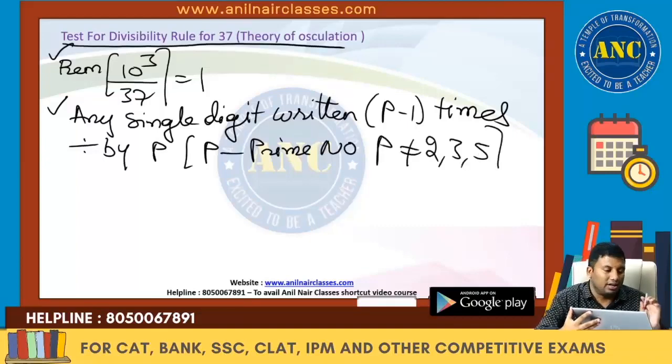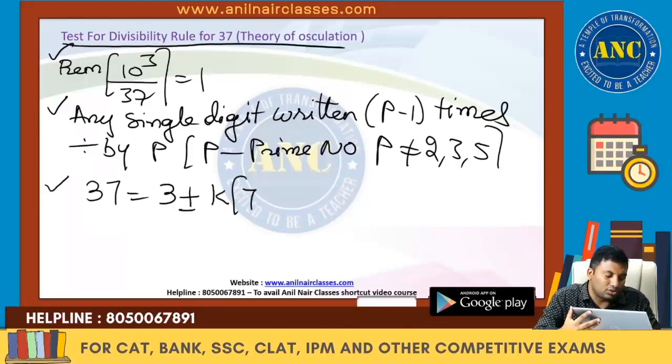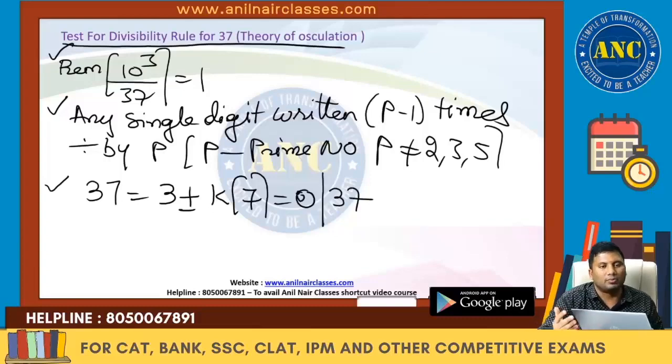Now another rule, 37 is nothing but a plus or minus k into b, either it should be 0 or it will be 37 or its multiples.